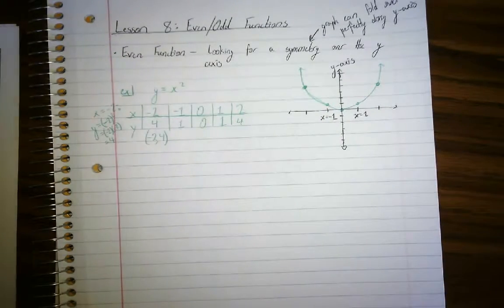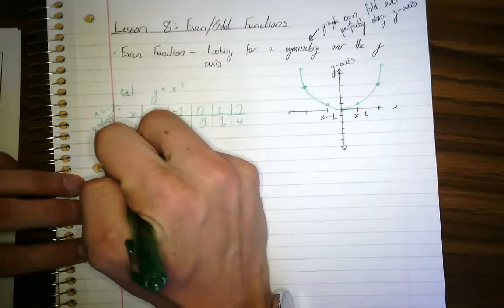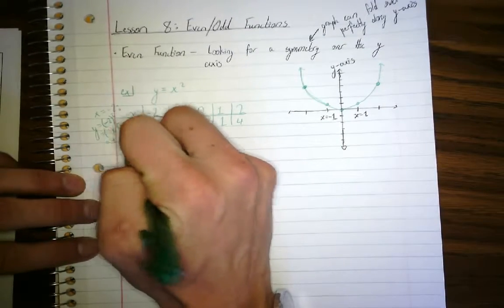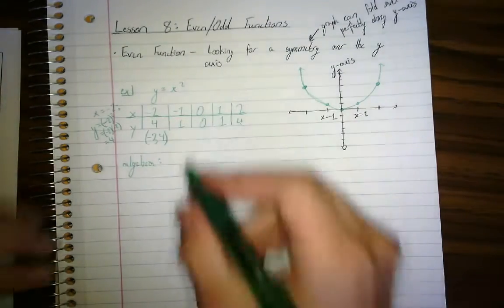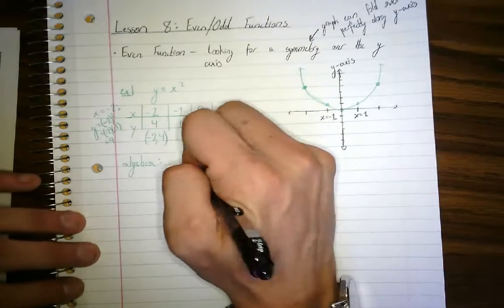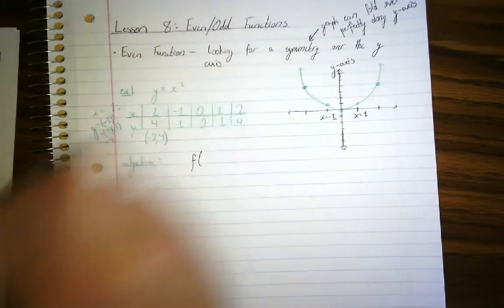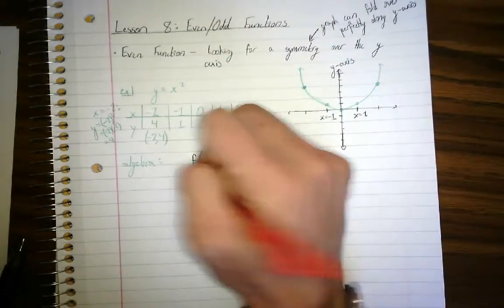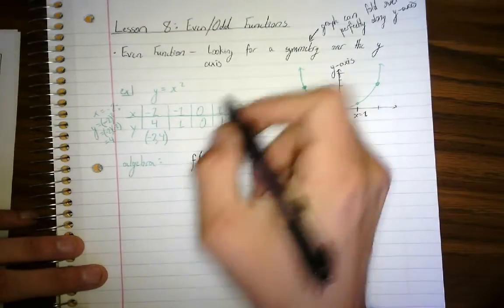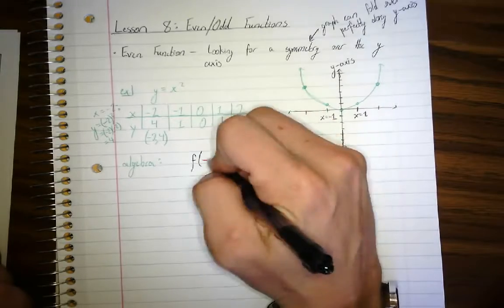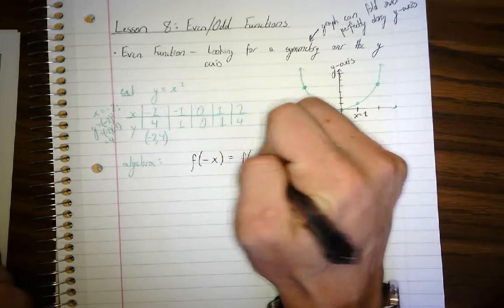So if we wanted to do this by algebra instead, the general rule is that for an even function, if we put in a negative x in place of the x, our outputs are going to be the same exact values.